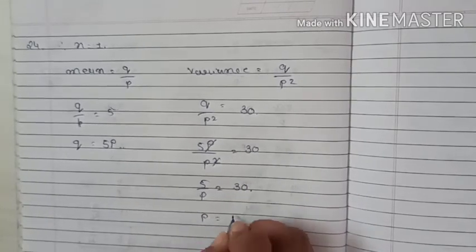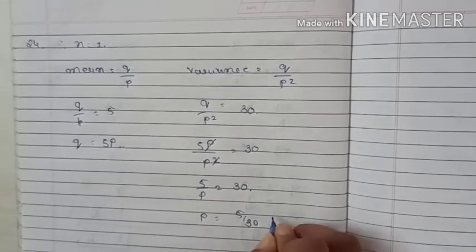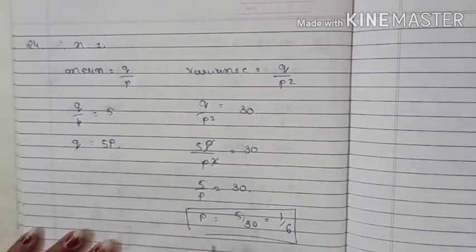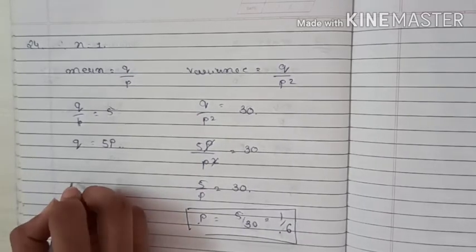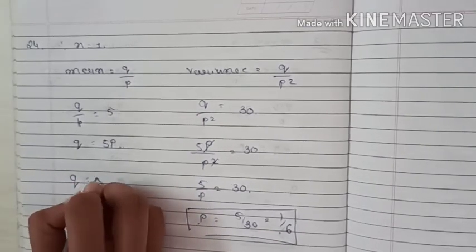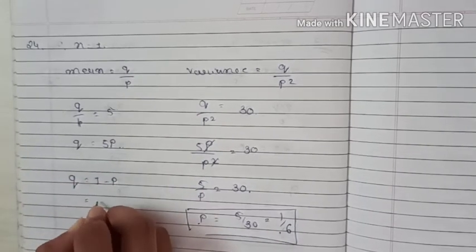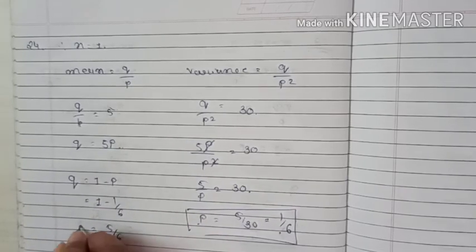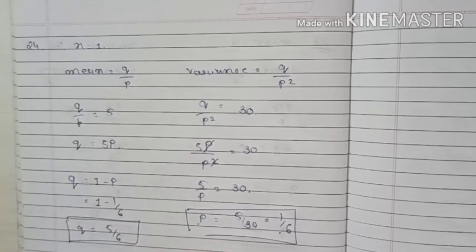P will become 5 by 30, which is 1 by 6. So Q is equal to 1 minus P, 1 minus 1 by 6. Q will become 5 by 6. Simple.